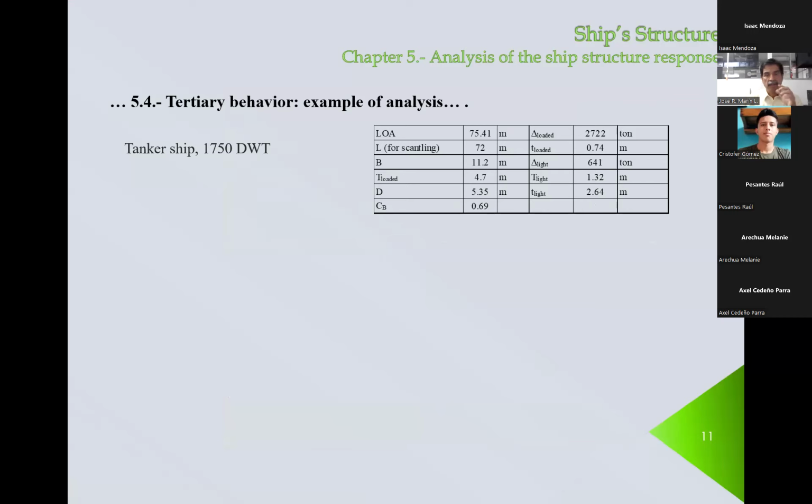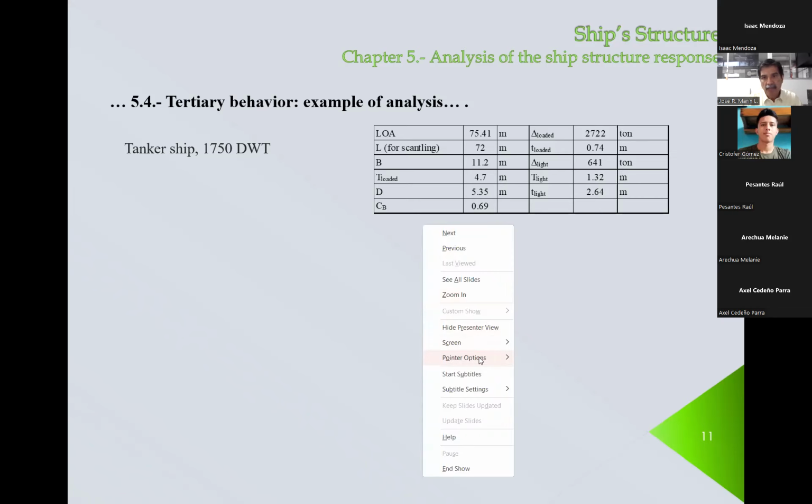Okay, so these are the main dimensions of this ship, and every time you see these, try to see if they make sense or not. For example, there's the usual ratio between beam and depth. In a small fishing vessel, length over beam is usually about 4.5 or something like that.